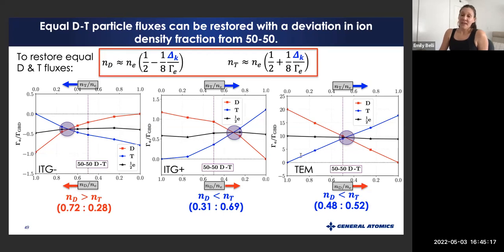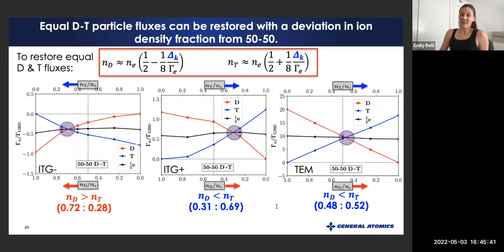For the TEM case, we note that the ion particle fluxes are nearly exactly linear with the ion density fraction, and the asymmetry at 50-50 is very small. And this is consistent with our analytic theory, which predicts that the asymmetry decreases as the electron particle flux increases, such that it becomes insignificant in the strong non-adiabatic regime.